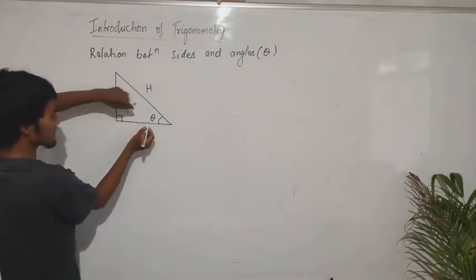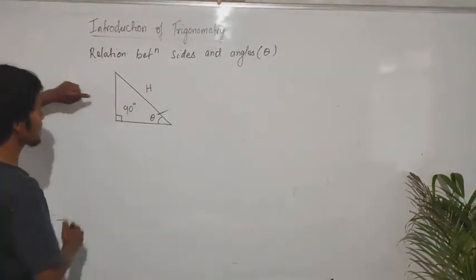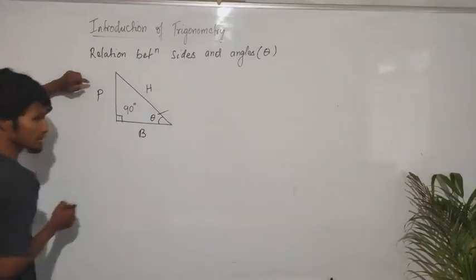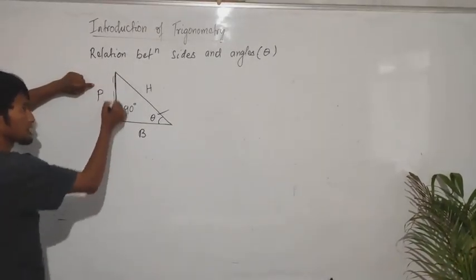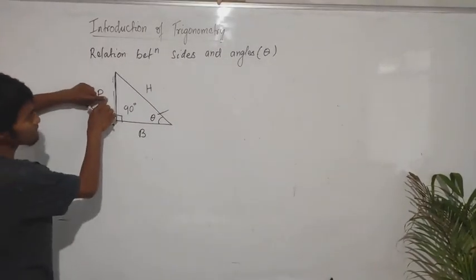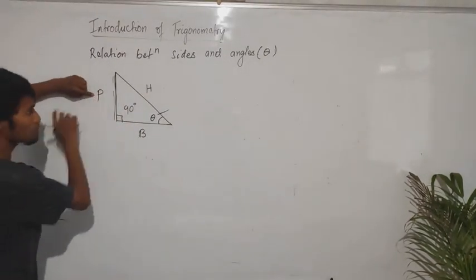Now, with respect to this angle theta here, this will be the perpendicular, then this will be the base. The side which is always opposite to the angle will be called the perpendicular.